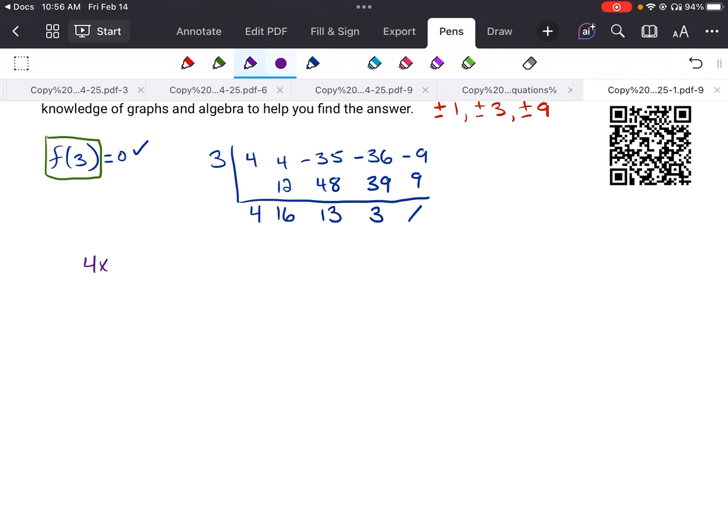Then we're left with 4x^3 + 16x^2 + 13x + 3.